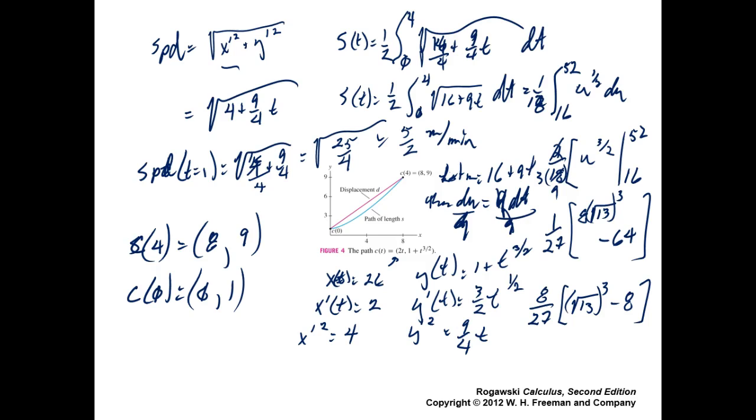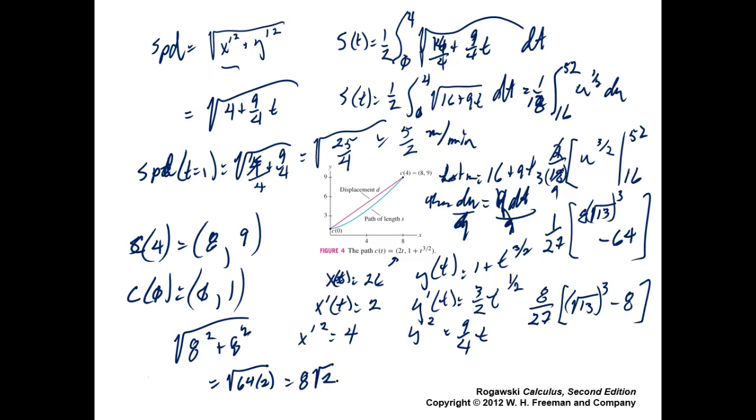So how far have you traveled? Well, the distance formula between those 2 points is the square root of 8 squared plus 8 squared, which is the square root of 2 times 64, which would be 8 root 2.